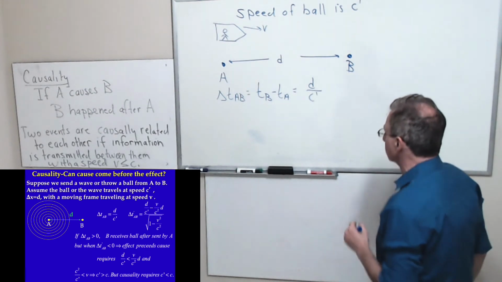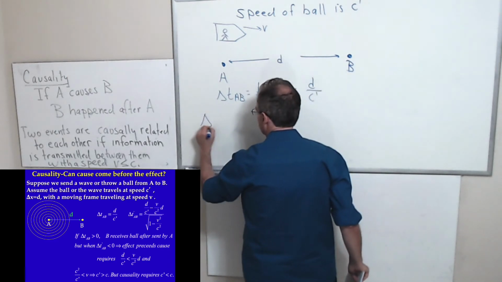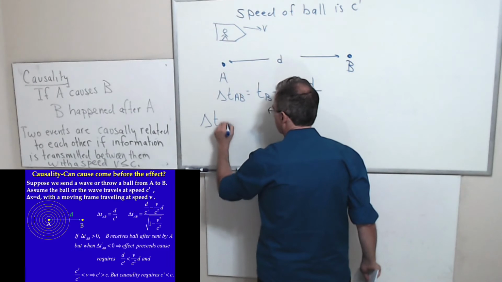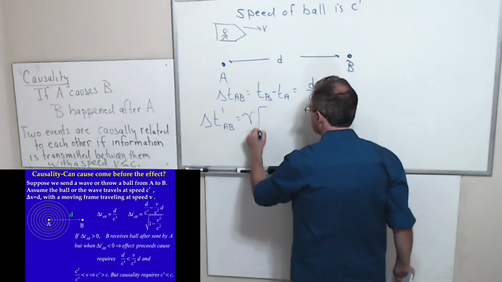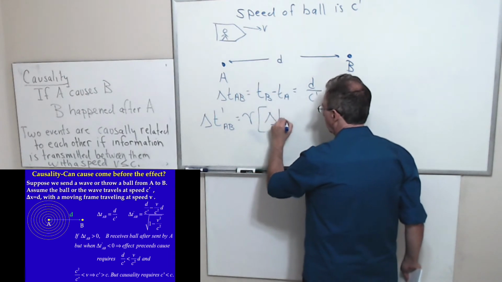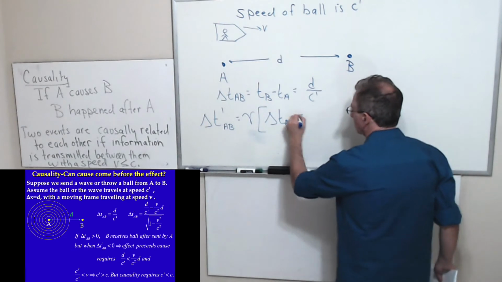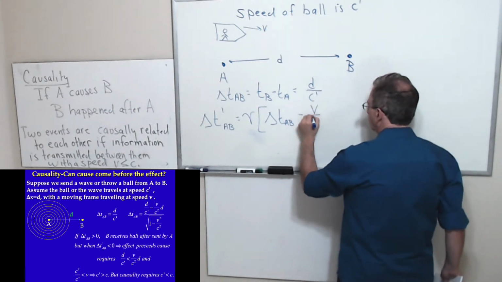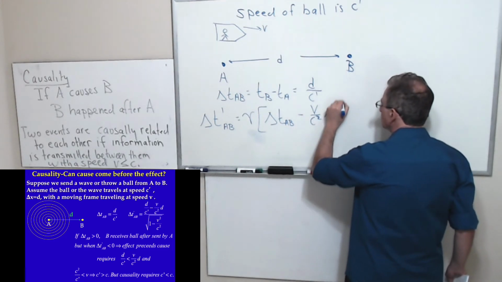Well, the time interval, using the Lorentz transformation, T'AB is equal to gamma times delta TAB, which is what we calculated, minus v over c squared times the separation between the two events.